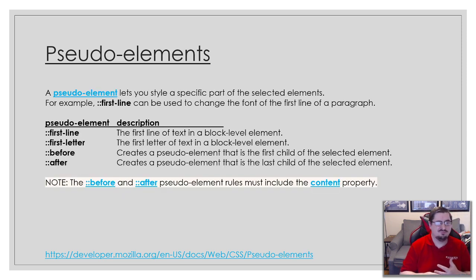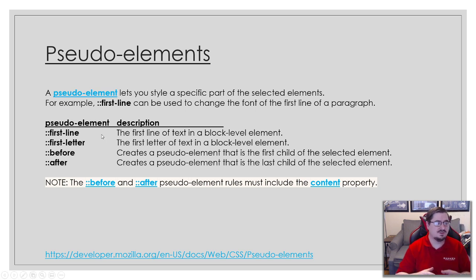Pseudo-elements are kind of virtual fake elements. They don't necessarily exist as real elements in the HTML, but we can still refer to them as actual elements. So for instance, if I want the first line in a paragraph, I could say, well, give me ::first-line.